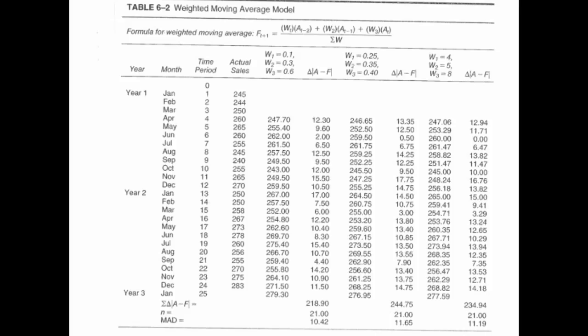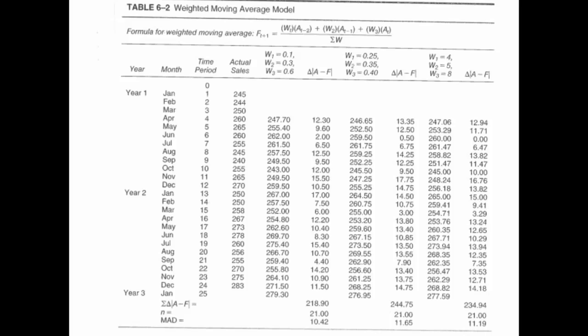That is, W3 is greater than W2, which is greater than W1. The table also shows the computation of the mean absolute deviation for each of the weighting approaches in columns 6, 8, and 10. The computation of MAD is identical to what was described for the moving average forecasting model.